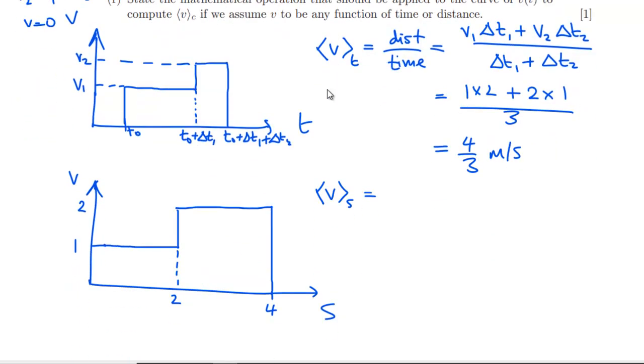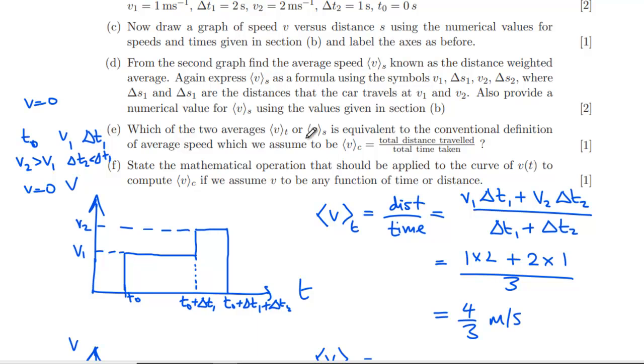Right, okay. So we're working out this thing again. We need to divide by the distance, which is going to be 4. Am I getting this right? Yeah, so the 4 we do have to use. We're doing this in terms of V1.